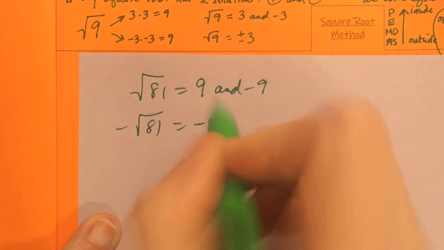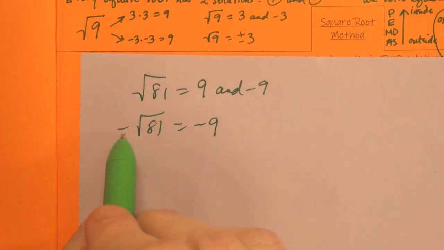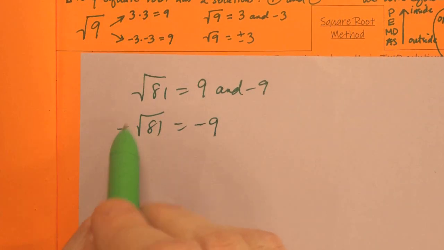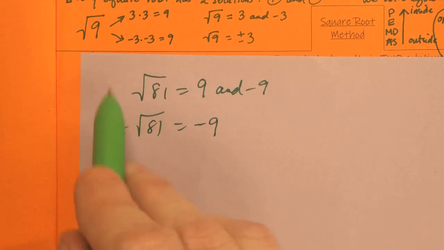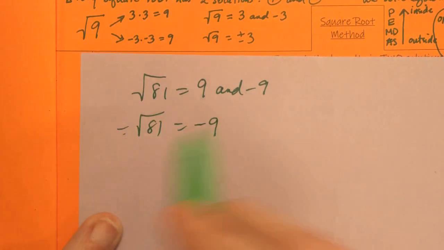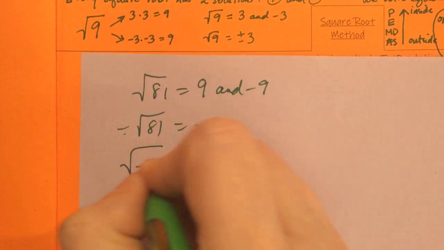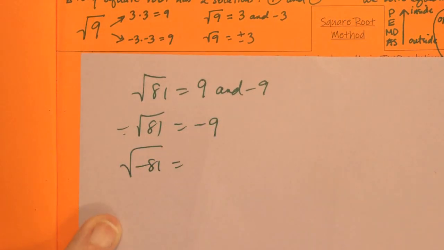It's just the negative root. So if there's a sign in front of it, they just want that one. If there's no sign, you got to give them both. If there's a sign in front of it, they just want that one. Okay? What about that one? What do y'all think that one is?